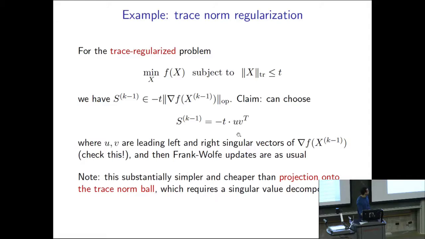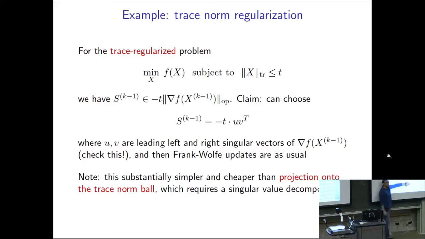So all I need to do is, for example, run the power method on my matrix to get the leading left and right singular vectors, and then I'm done. I can make my update. Which, for example, if this is sparse, is very cheap, right? The power method reduces to multiplications of my matrix, and I can get these leading left and right singular vectors. How about projecting onto the trace norm ball?